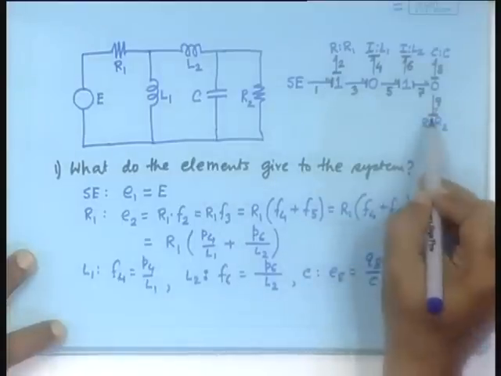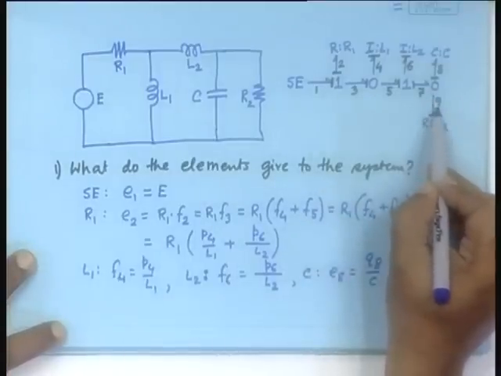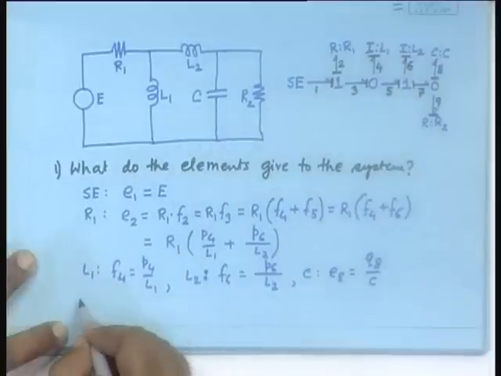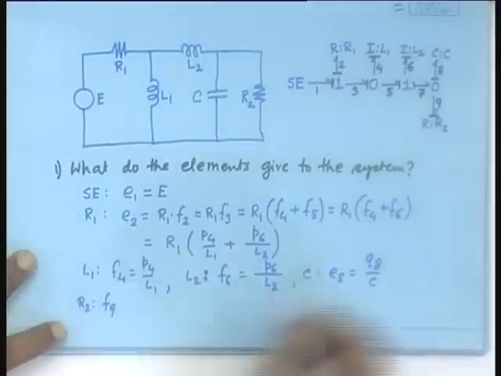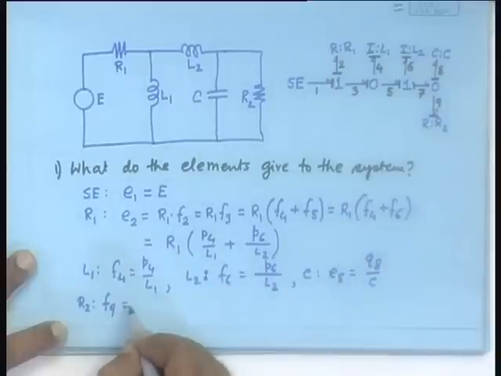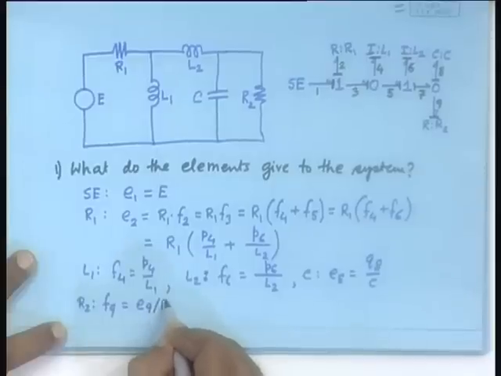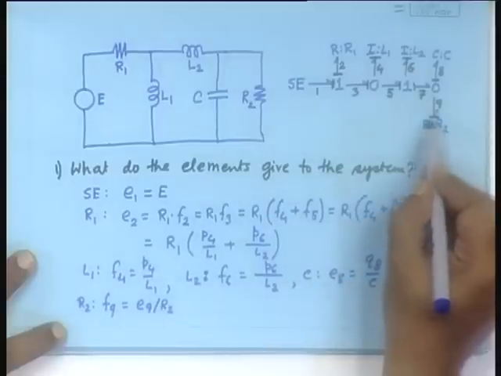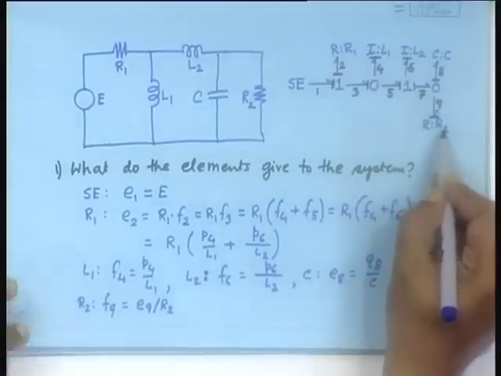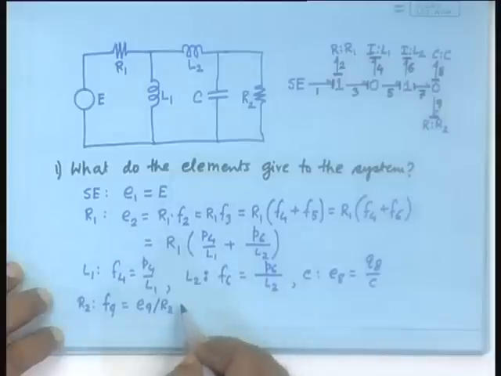R2, what does it give to the system? F9. So, R2, F9. F9 is E9 by R2.